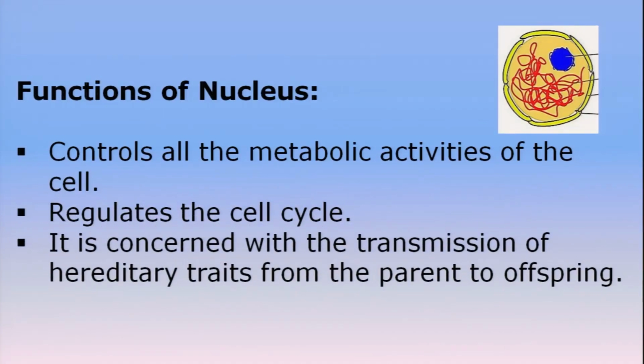And it is concerned with the transmission of hereditary traits from parents to offsprings. Nucleus carries chromosomes and chromosomes carry genes, and genes are responsible for transmitting traits from parents to offsprings. This is how nucleus is concerned with the transmission of hereditary traits from the parents to offsprings.